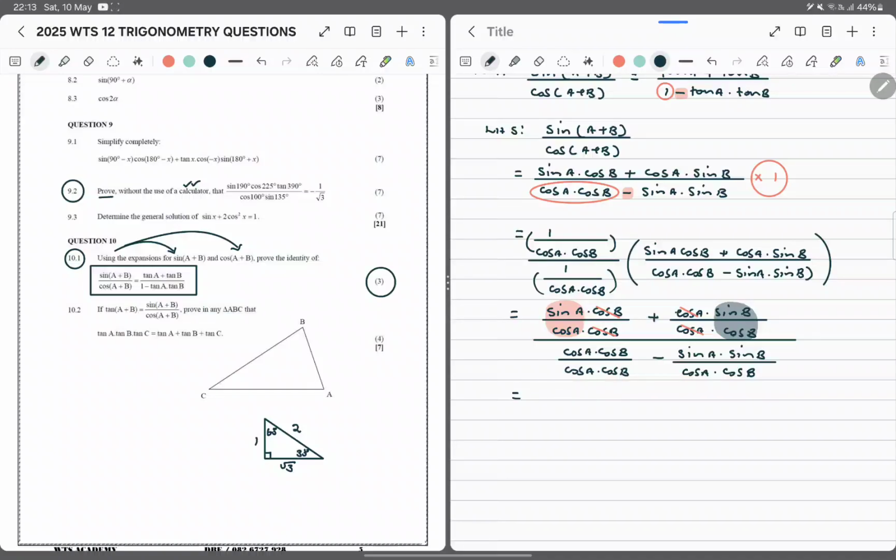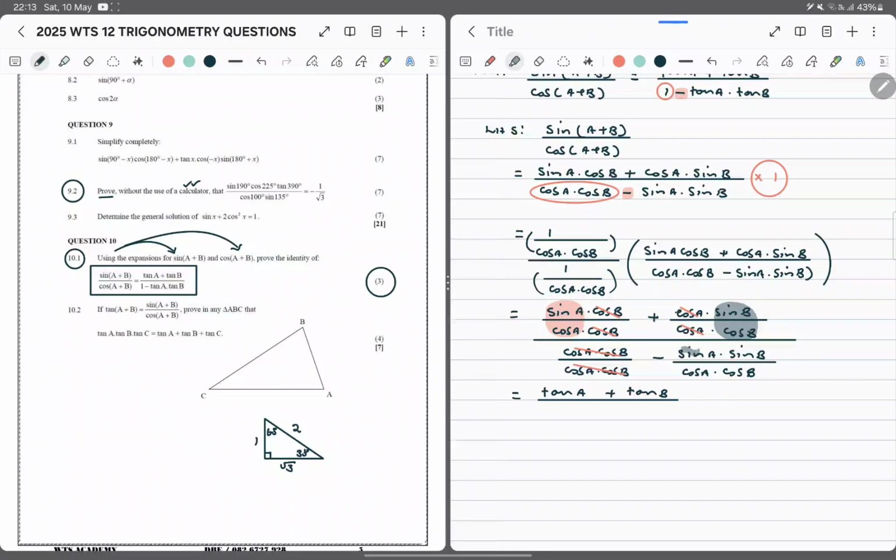So what do we have now? Sine A over cos A is tan A, plus sine B over cos B is tan B. The major division there. So we know that the numerator divides the denominator to just 1.